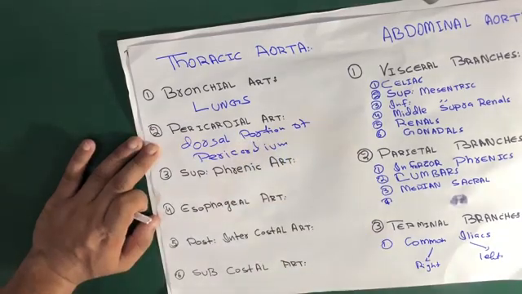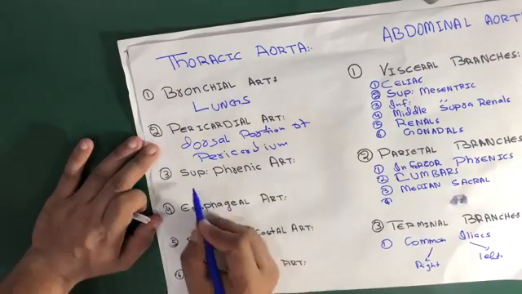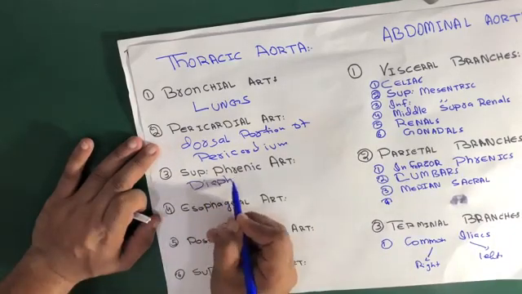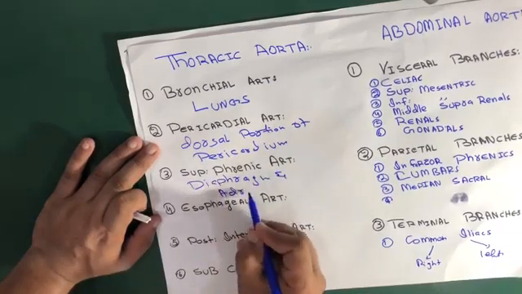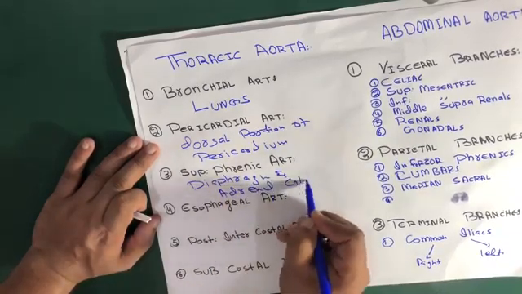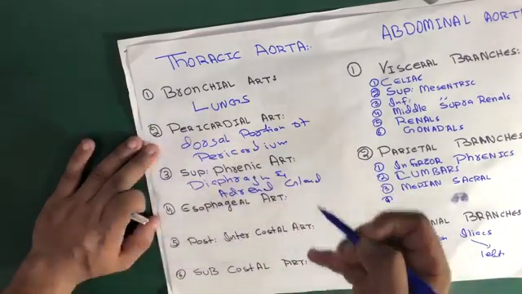And what about the superior phrenic artery? It actually supplies the diaphragm and adrenal glands. So the superior phrenic artery is going to supply the diaphragm and adrenal gland.